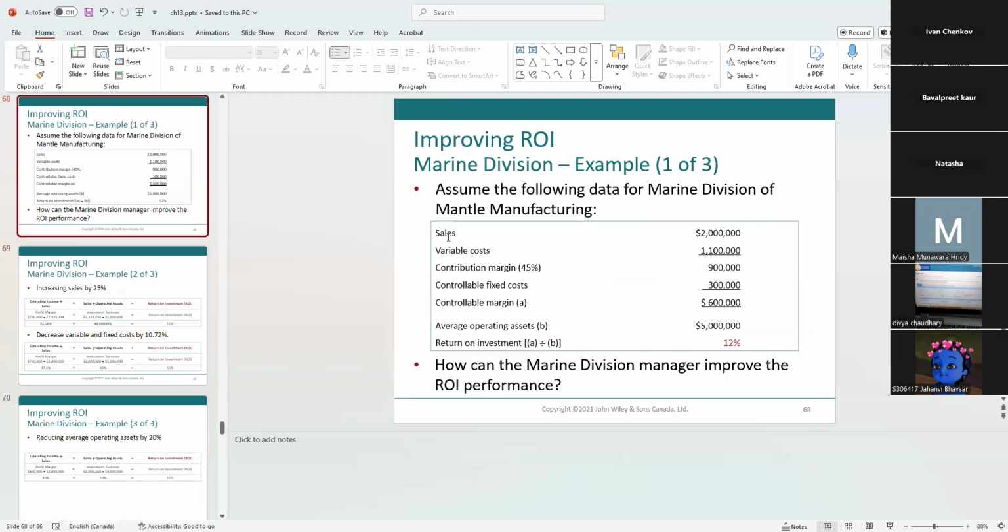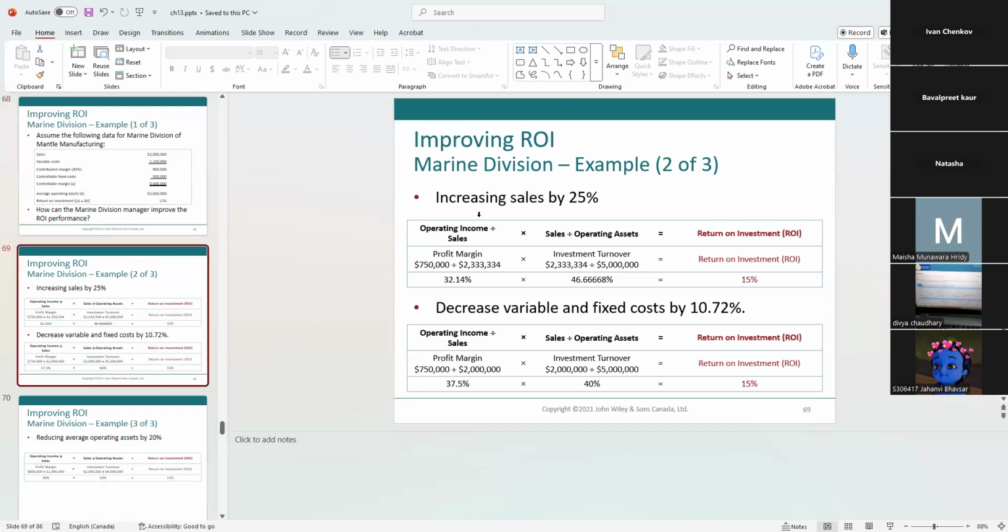You're going to have the sales, you're going to have the costs, so you have to come up with the operating income. You're going to have the operating assets, and income divided by assets is going to give you a return on investment. Now the question is, how can I change that return on investment? One way is to increase the sales.